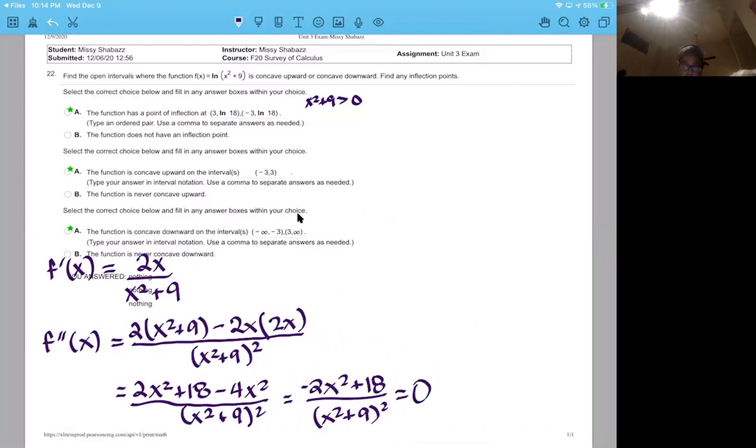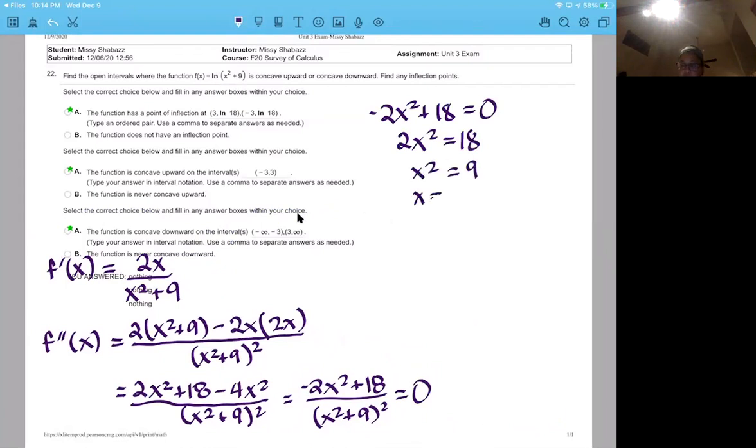The denominator can't equal 0 either. Multiply both sides by the denominator so that I have negative 2x squared plus 18 equals 0. So 2x squared equals 18. X squared equals 9. So x equals plus or minus 3.